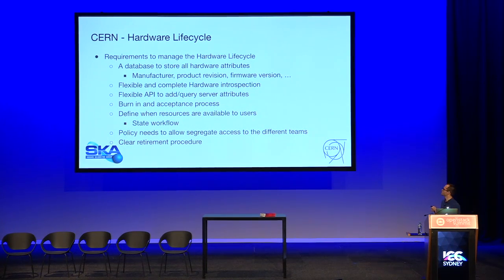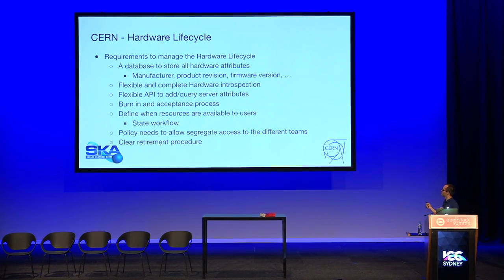Well, we need a database, basically, to store all the hardware attributes. This means the manufacturer, product revisions, all the firmware revisions that go through a specific hardware. A flexible and complete hardware introspection. We would like to collect as much information of the hardware that arrives as possible.